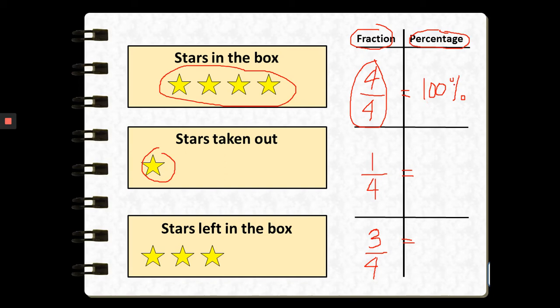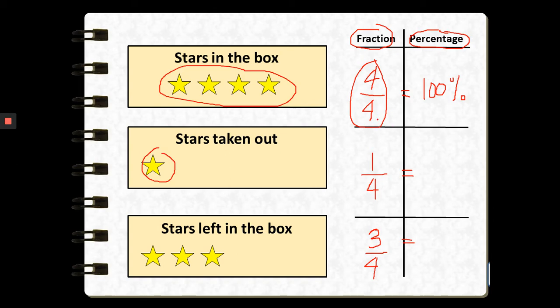And 1 is 100% because that shows the whole 1. The whole box is complete. There are 4 stars in it and nothing was taken out. 4 stars out of 4 stars. So it's 100%. Now we don't have to multiply this into 100.